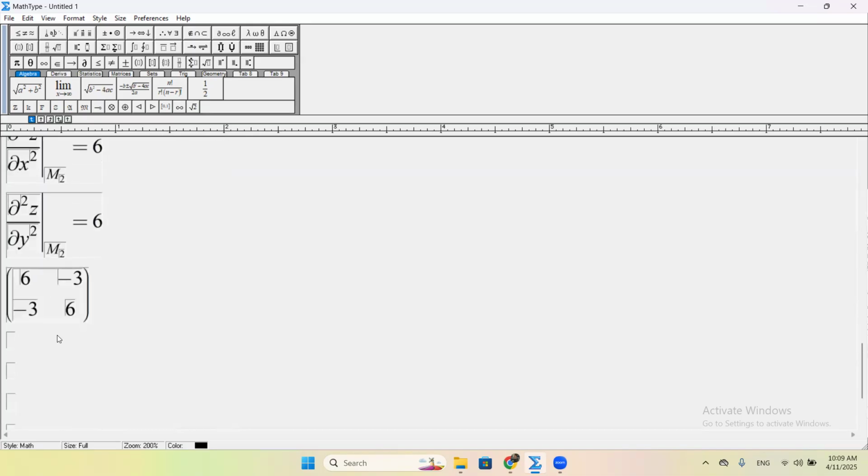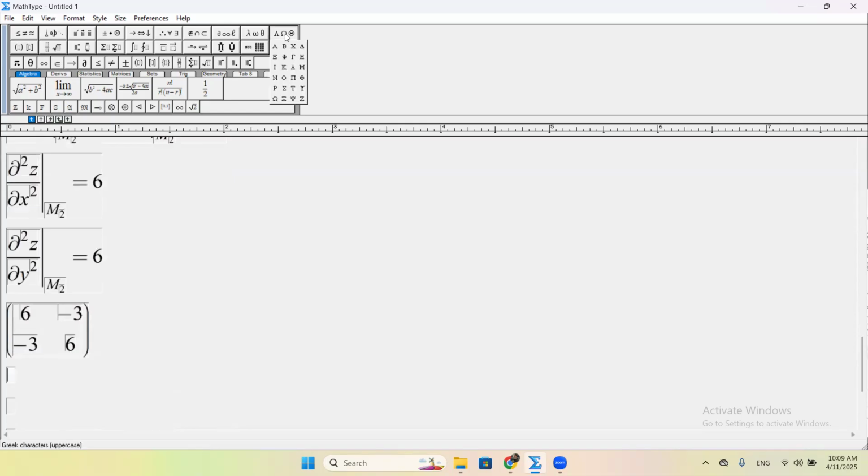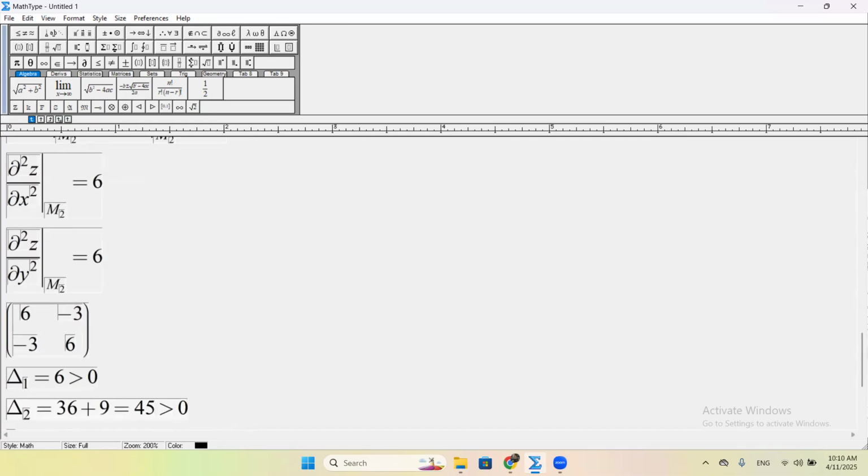Now let's calculate these minors. So delta 1 equals 6 and it is greater than 0. What about delta 2? Delta 2 equals 36 plus 9, so it equals 45 and it is greater than 0.